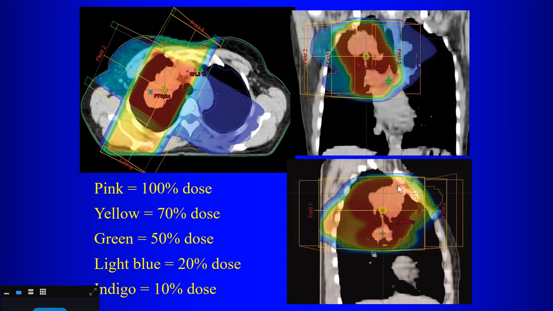And so the different colors give you an idea of the radiation doses, how much radiation dose there is to the surrounding lung. The idea is to maximize the dose to the tumor and to minimize the dose to the normal surrounding lung. But you can see the way the ports are laid down. Even the contralateral lung now can have some post-radiation effects within it.